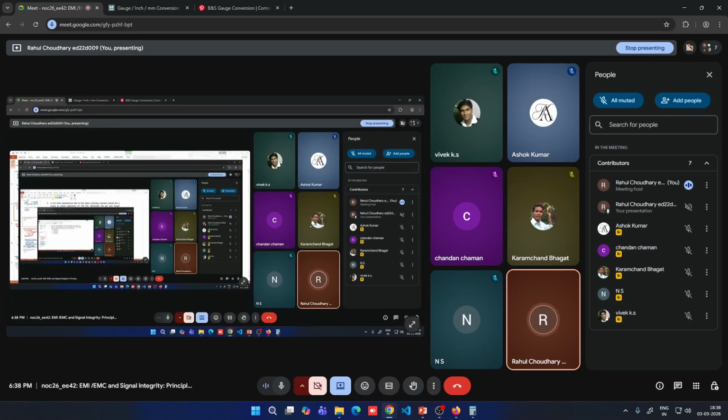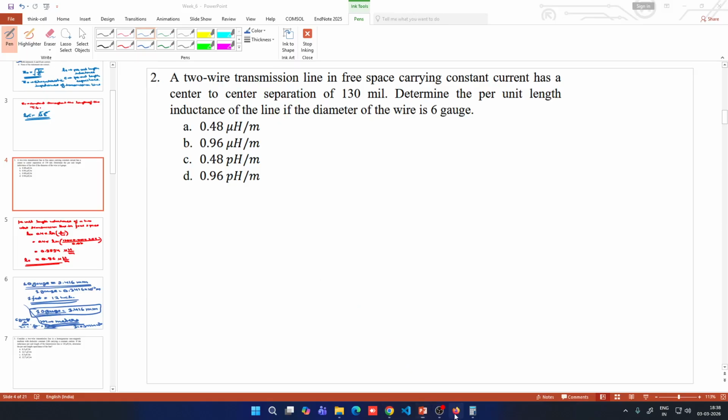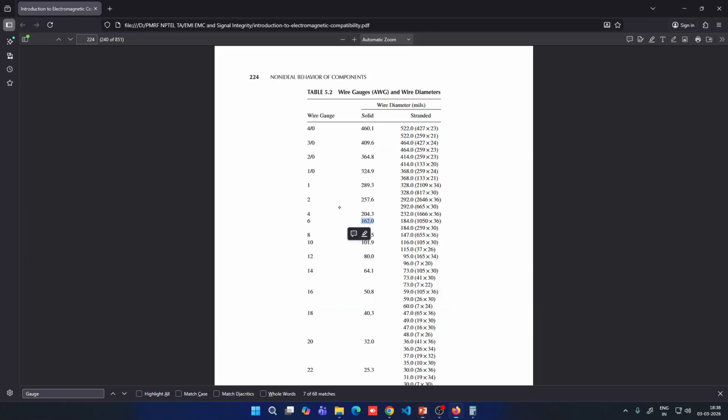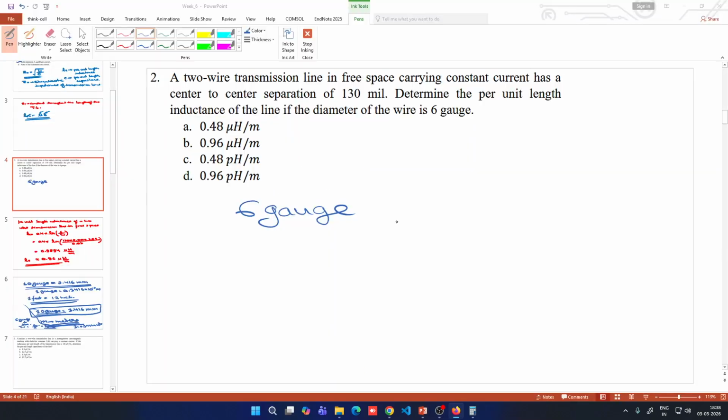So what we are taking is, if it is a 6 gauge wire, its diameter is 162 mils. So this is the diameter of the wire.